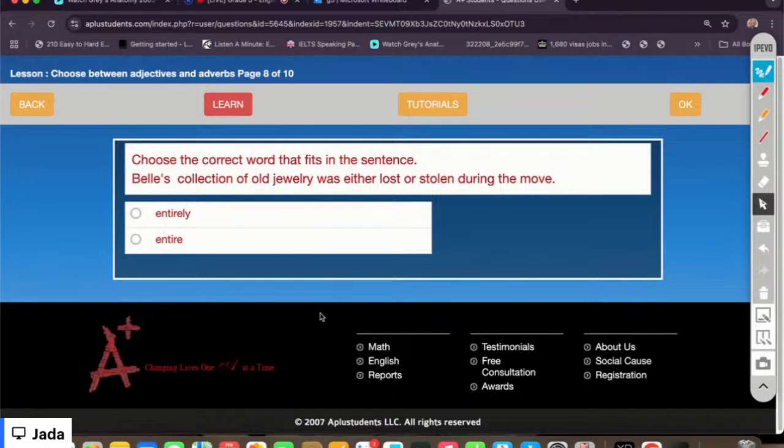Okay. All right. So Belle's collection of old jewelry was either lost or stolen during the move. So entirely or entire? So Belle's entire collection or entirely collection. Which one?